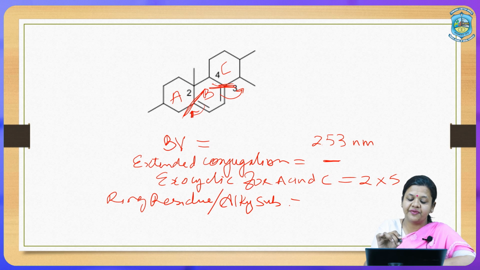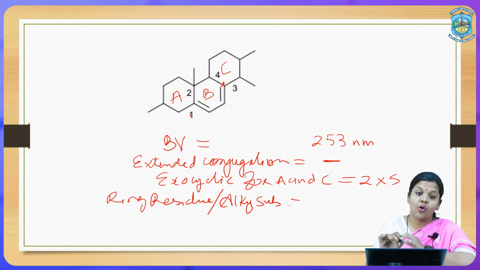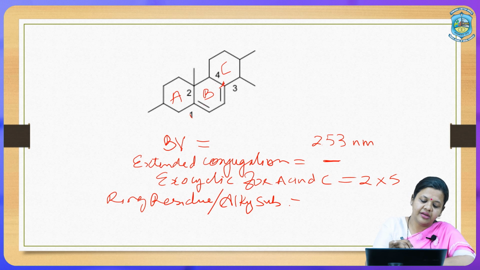Then we have to identify the ring residues over here, similarly as we did in the earlier one. Let us see only from where the conjugation is starting, nowhere else. So, here 1, 2, because the conjugation is up till here. From where it is starting and where it is ending, this is one part which has a carbon at both ends. Then there is no alkyl group over here.